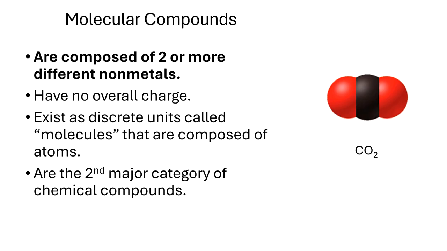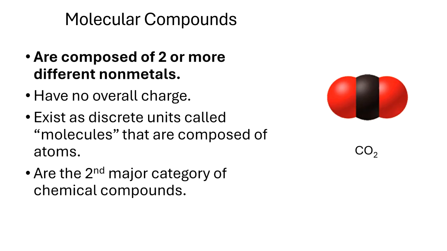Molecular or covalent compounds are composed of 2 or more different nonmetals. And here I've got a picture of carbon dioxide showing the carbon in the middle with the brown or black color in the center, and on the outside the 2 reds represent the oxygens.